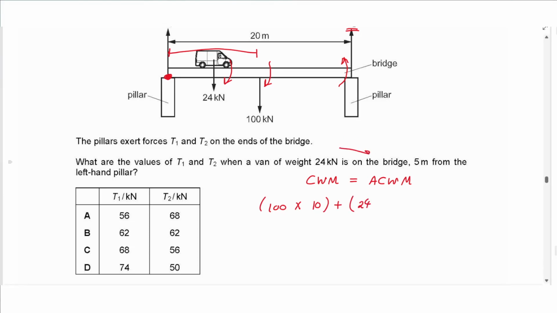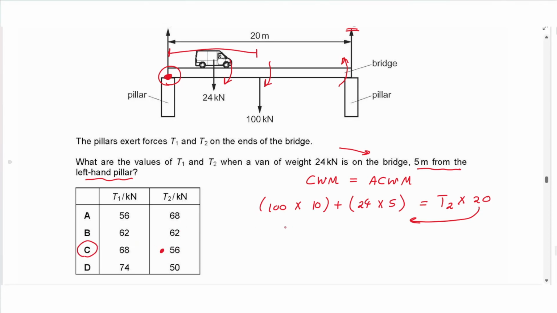It says here that it is 5 meters from the left-hand pillar, so multiplied by the distance 5 is equal to the only force creating an anti-clockwise moment, T2, multiplied by its distance from the pivot here, which is 20 meters. And then we divide by 20 on the other side. That will give an answer for T2 of 56 kilonewtons. So 56 is here. There are no other choices containing 56, so we choose C.